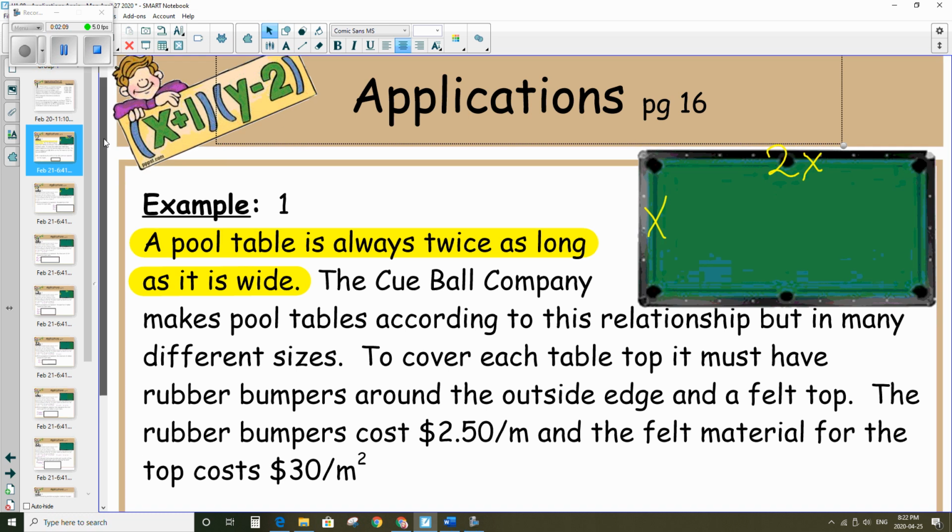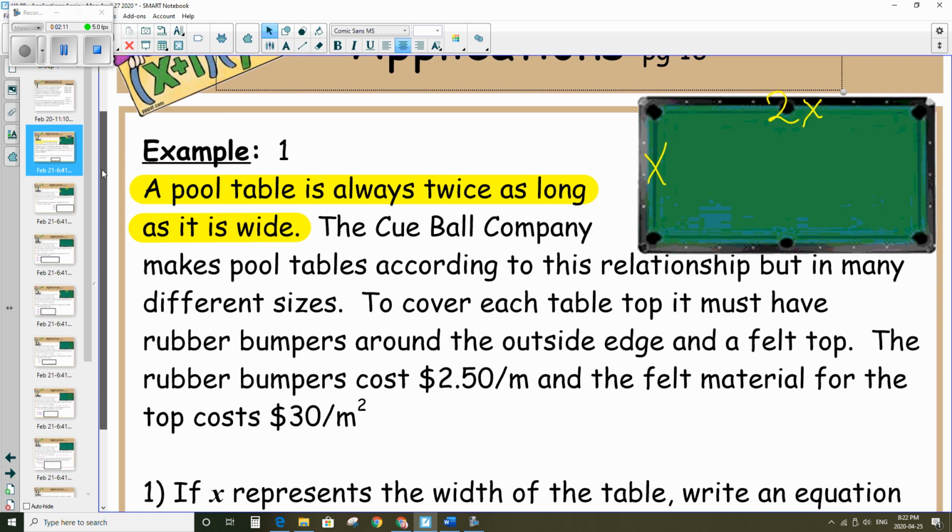All right, so the first word problem example is a question relating to a pool table. It says that a pool table is always twice as long as it is wide. So if we let width equal x, that means the length is going to be 2 times x, whatever the width is. To cover each table, the top must have rubber bumpers around the outside edge and a felt top.